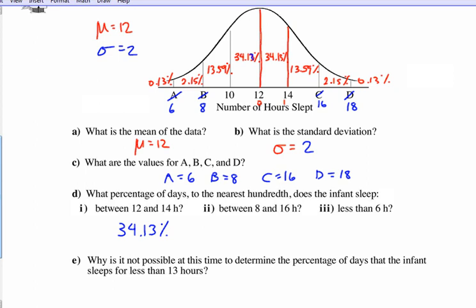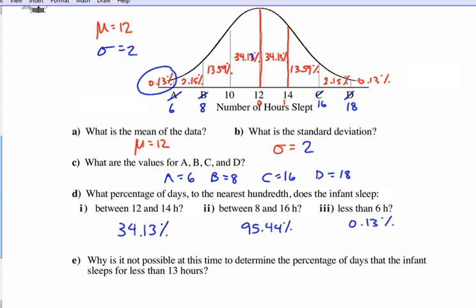And we already looked at that before on the previous page, and that was 68.26%. Oh, nope, 2 standard deviations was 95.44%. We added those together. And then less than 6 hours, that would be here, 0.13%.